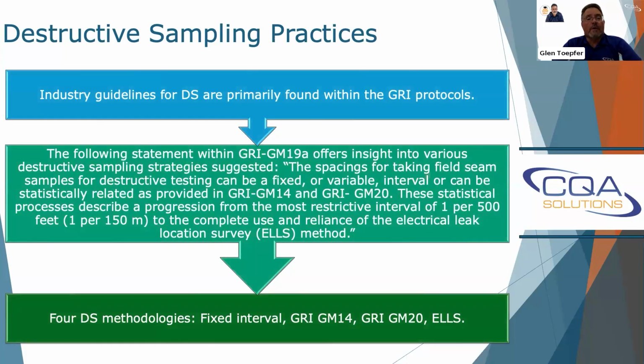GM19A actually offers two other guidance documents. GM19A is one that you check your seam integrity results against. But it recommends GRI GM14 and GRI GM20, which I'll get into in the next slide, as well as possibly reducing the amount of sampling with the electrical leak location.